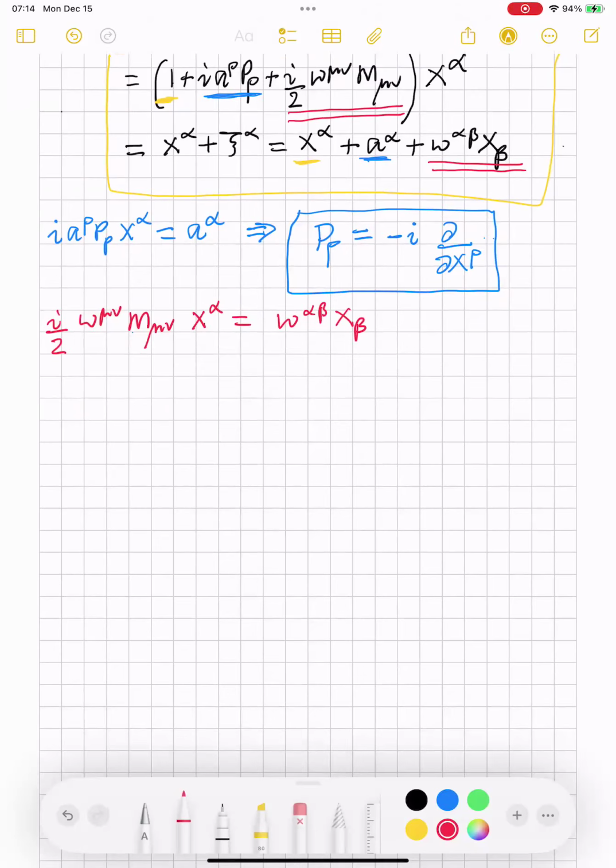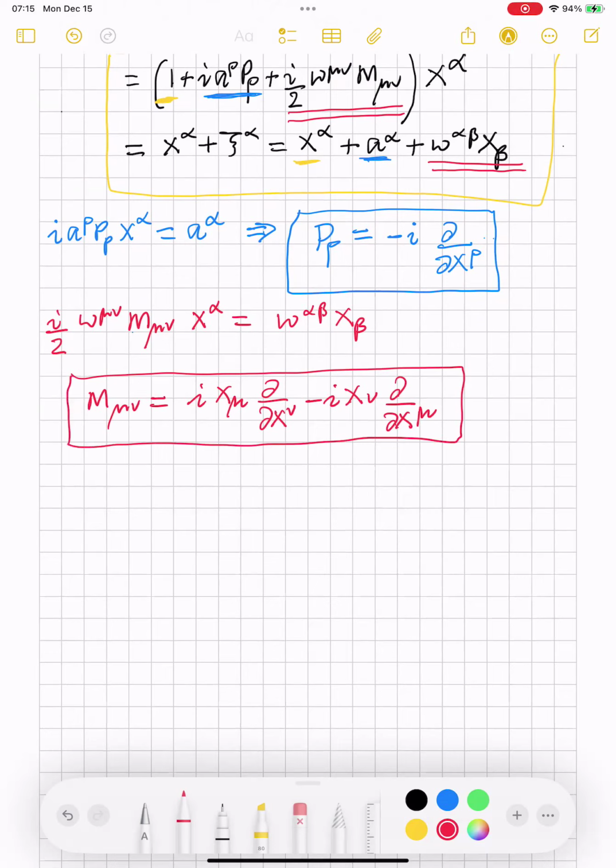Okay, good. So let me tell you what answer I got, and you can compare it to your answer. I got M mu nu is equal to i x mu d by dx nu minus i x nu d by dx mu. So this is the answer that I got for M mu nu.